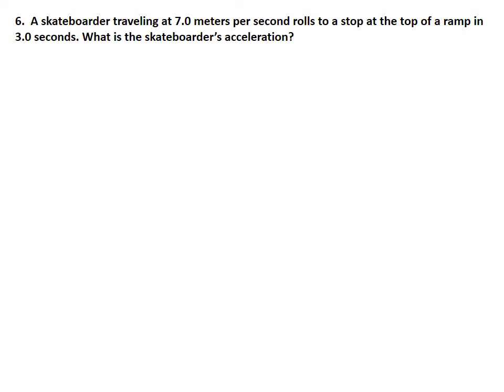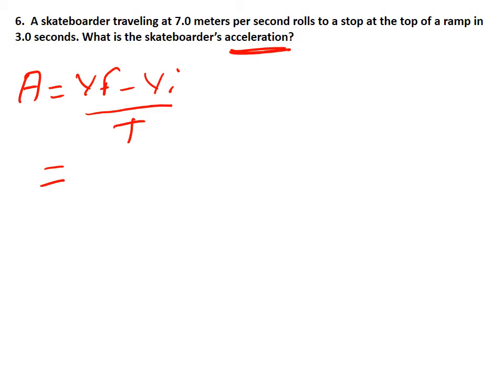On number 6, it says a skateboarder traveling at 7 meters per second rolls to a stop at the top of a ramp in 3 seconds. What is the skateboarder's acceleration? So from our equation card, we know that acceleration is equal to the final velocity minus the initial velocity divided by the time. So final velocity is always the last recorded speed.